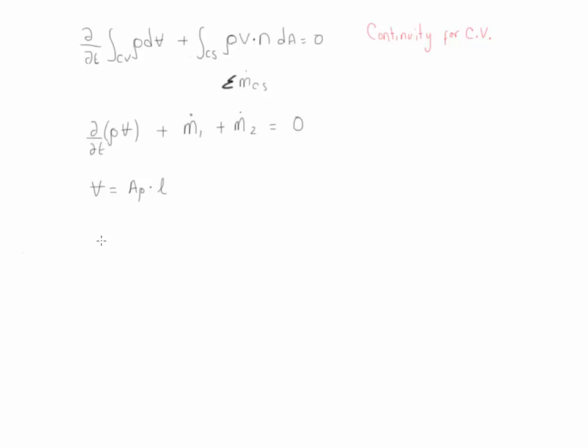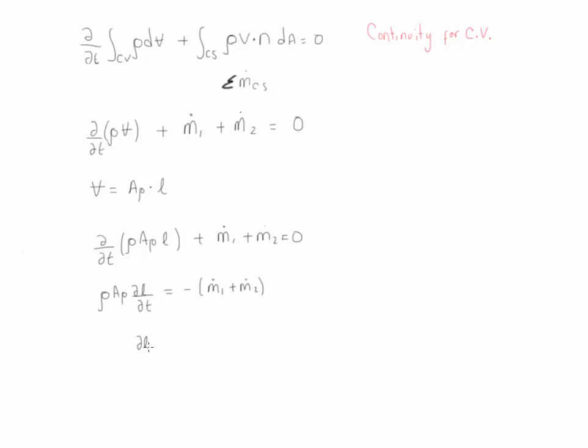So we substitute it into this equation, and we set d/dt, and that is going to be rho AP L plus m1 plus m2 equal to 0. Rho and AP are constant, so they can get out of the derivative, and this becomes rho AP dL/dt, and that is going to be equal to minus mass flow rate 1 plus mass flow rate 2.